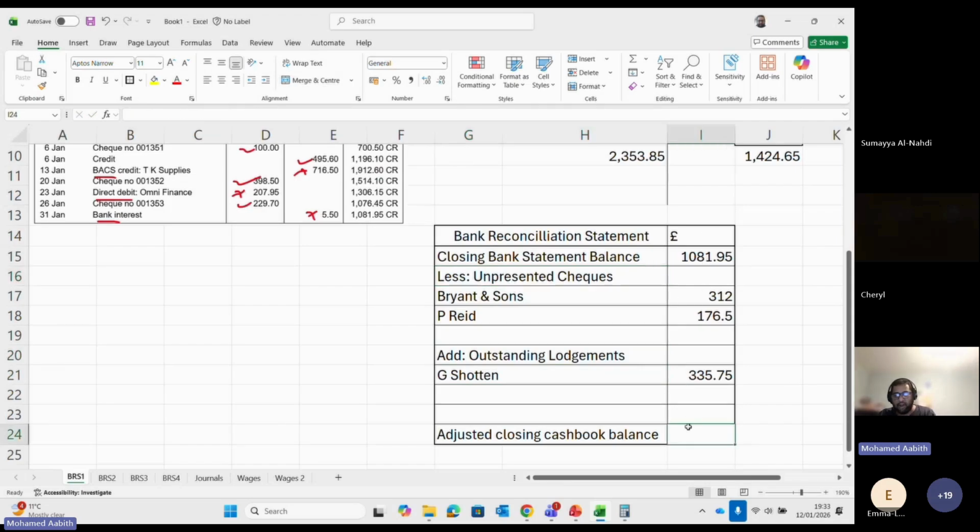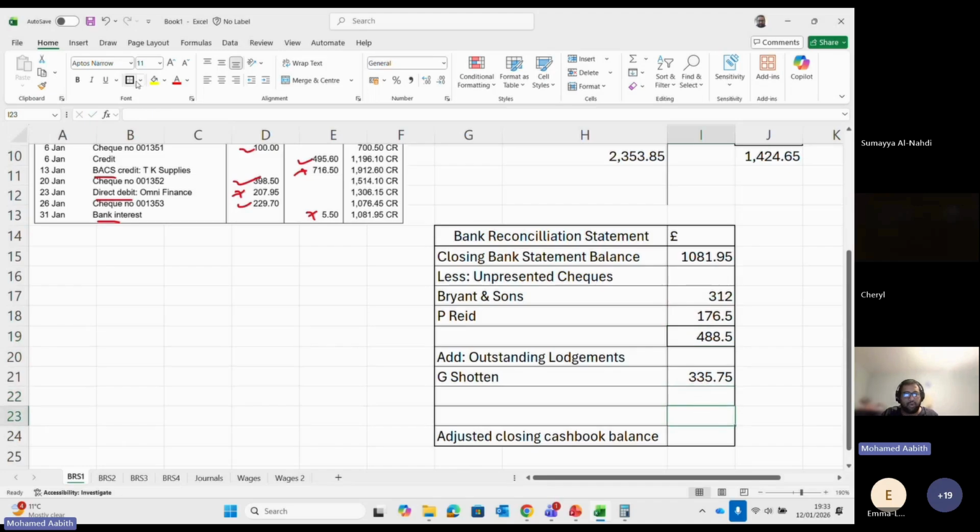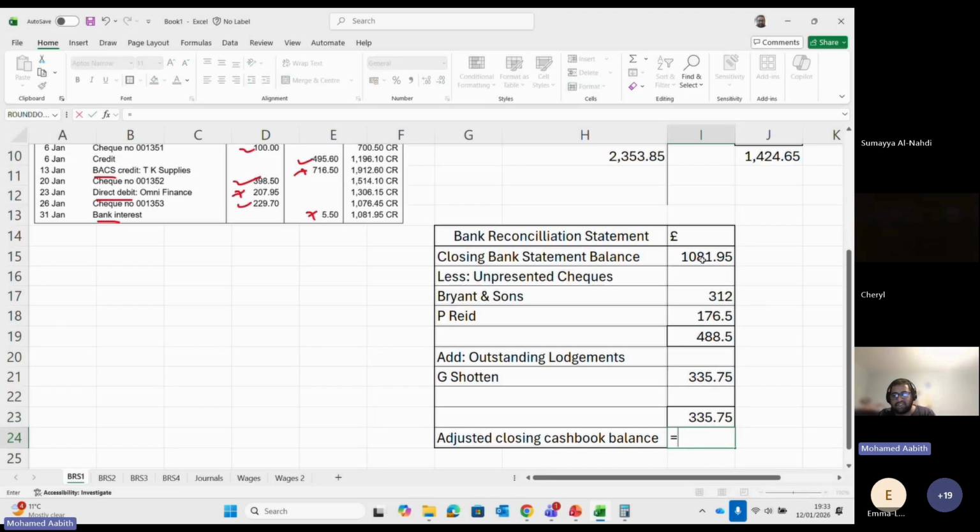So let's do the formula. This one is going to be equal to that plus that. This is a subtotal, and this will also have a subtotal equal to that number. So this one will be this minus the unpresented checks and add any outstanding lodgements.